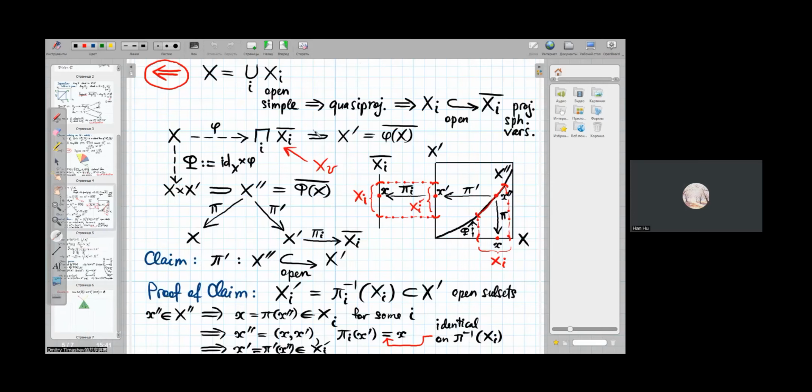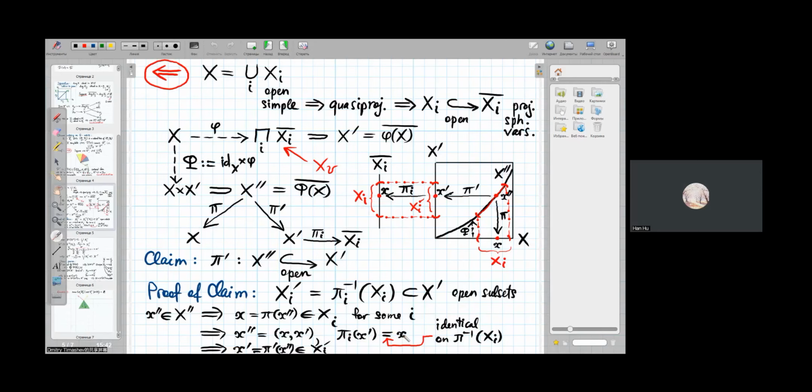Yes, I mean this. I still don't understand why the value of pi prime pi i at x prime is x on every x. You mean this equation, yeah? Yes, I mean this equation, because I don't think it is defined on every point in the inverse image of xi.